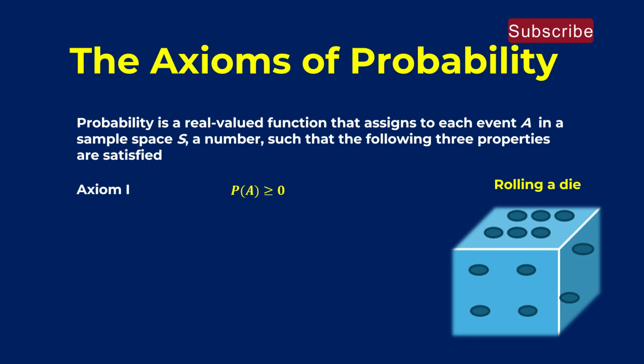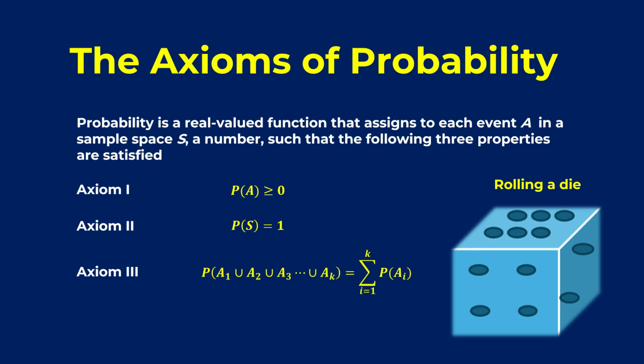Axiom 1 states that the probability of an event A is non-negative. Axiom 2 states that the probability of the sample space is equal to 1. And axiom 3 states that for every collection of mutually exclusive events, the probability of their union is the sum of their individual probabilities.